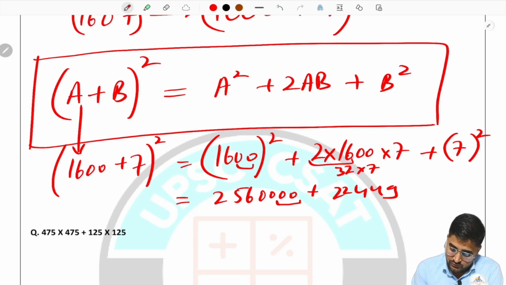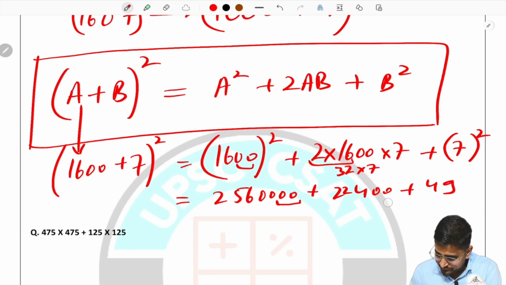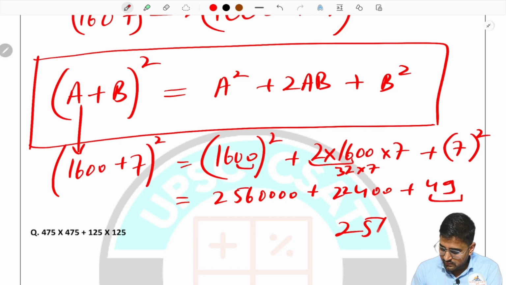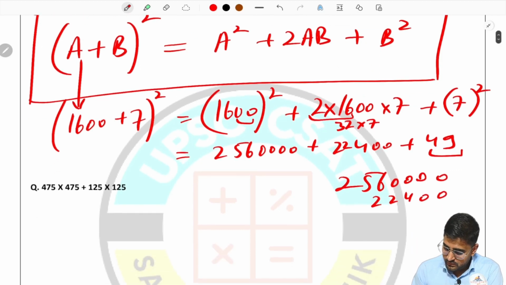Some of you get confused, I hope. For the clarity also, let us do it again. It's 49 here. Okay. When we add something like this, we do it like this.